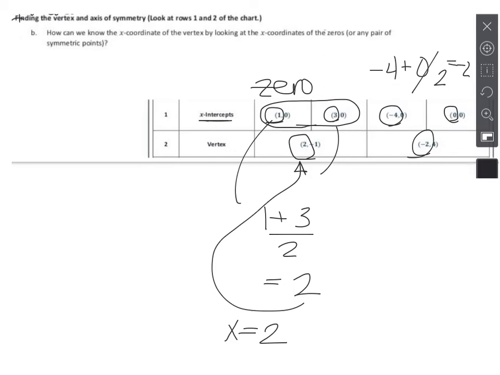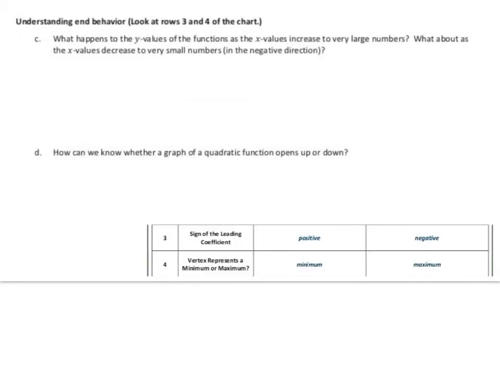That's how it works. Understanding end behavior, looking at rows 3 and 4. What happens to the y values of the functions as the x values increase to a very large number? What about as the x values decrease to a very small number?